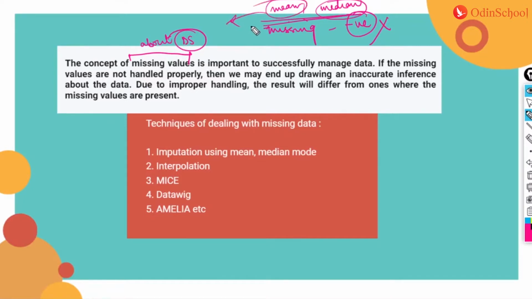Now, whenever you work on missing values, or NaN values as they call them in technical parlance, if you are unable to handle them properly, your result will differ. Your answer would definitely have inconsistencies.